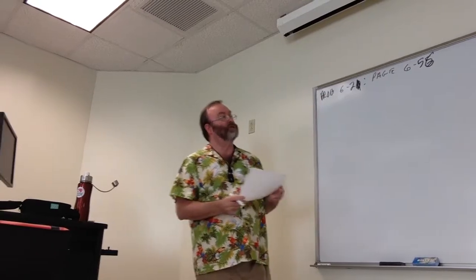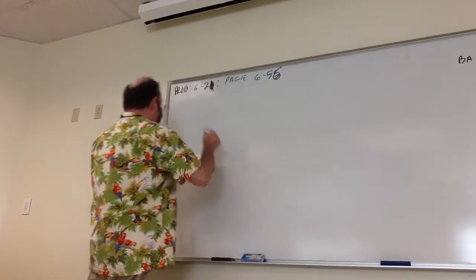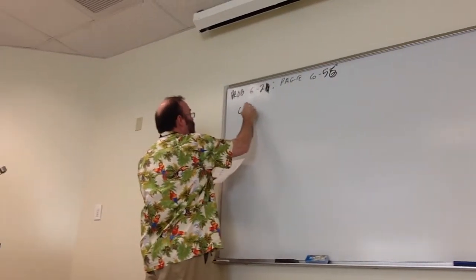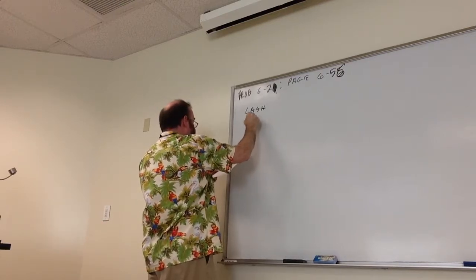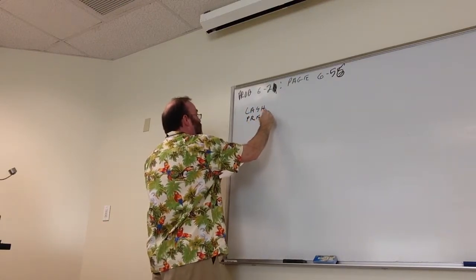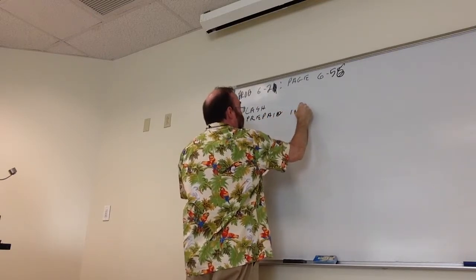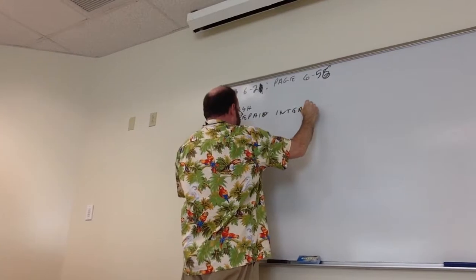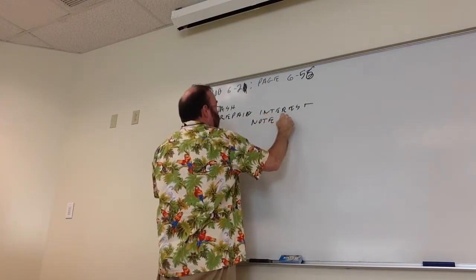So for the proceeds of the bank loan, that's just a debit to cash and a debit to prepaid interest, and I'll show you how I got this in a second. And then a credit to notes payable.